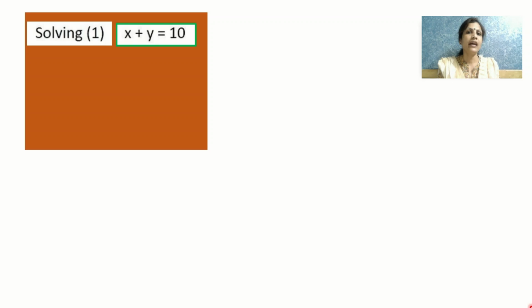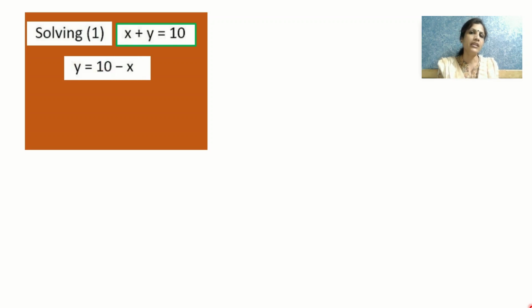Keep in mind that when we have to find out the coordinates, we'll try to keep y towards the left of the equation and shift all the terms towards the right. This is not compulsory, but by doing so, we are making our sum simple to find the coordinates. So in our case, I am writing y is equal to 10 minus x.